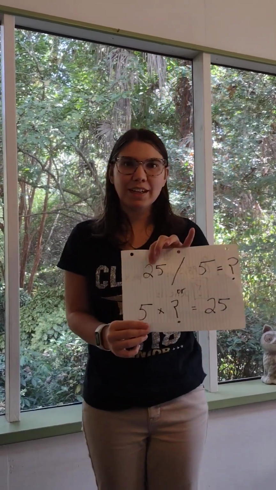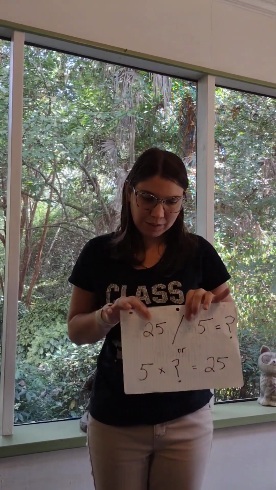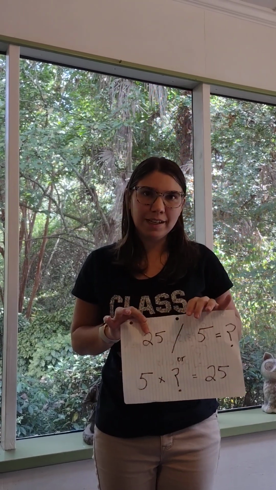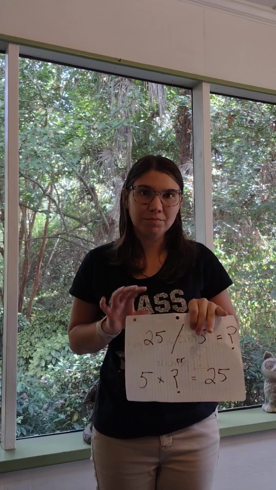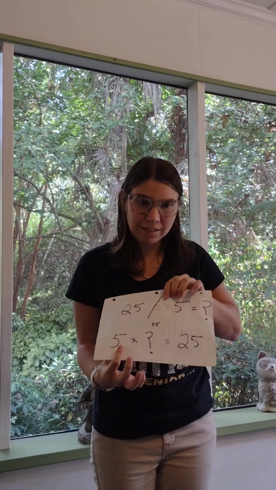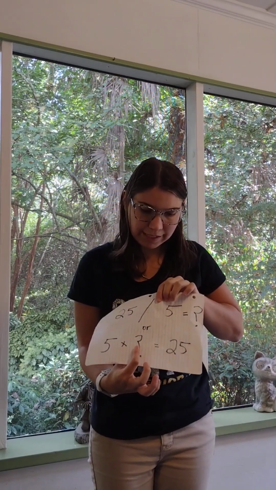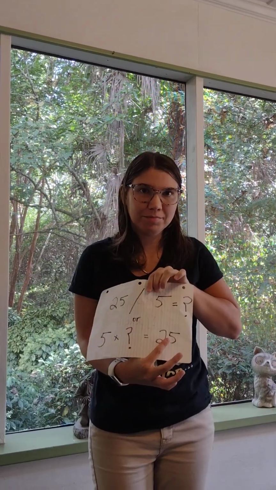We have 25 chairs and 5 rows. So 25 divided by 5 is how many chairs per row. Another way to write this is 5 rows times how many chairs per row equals 25 chairs.